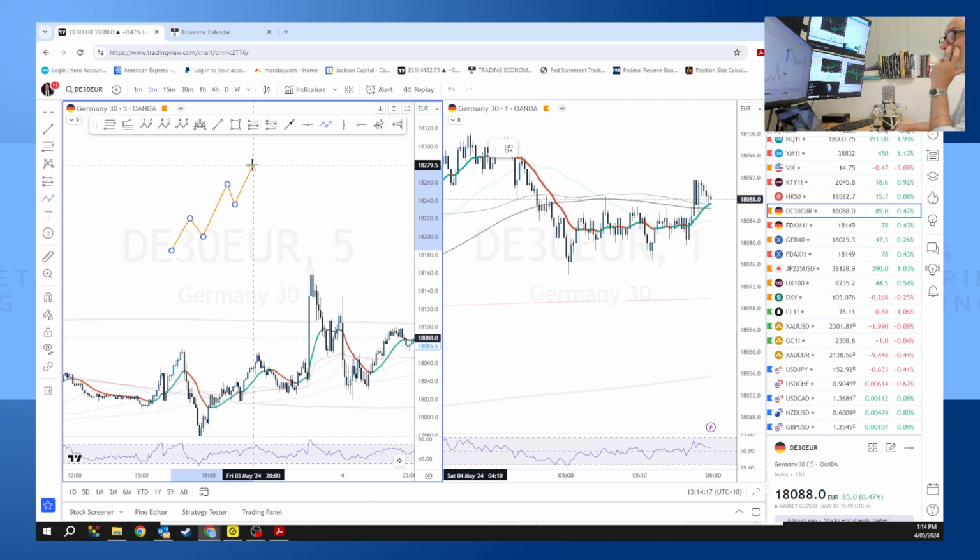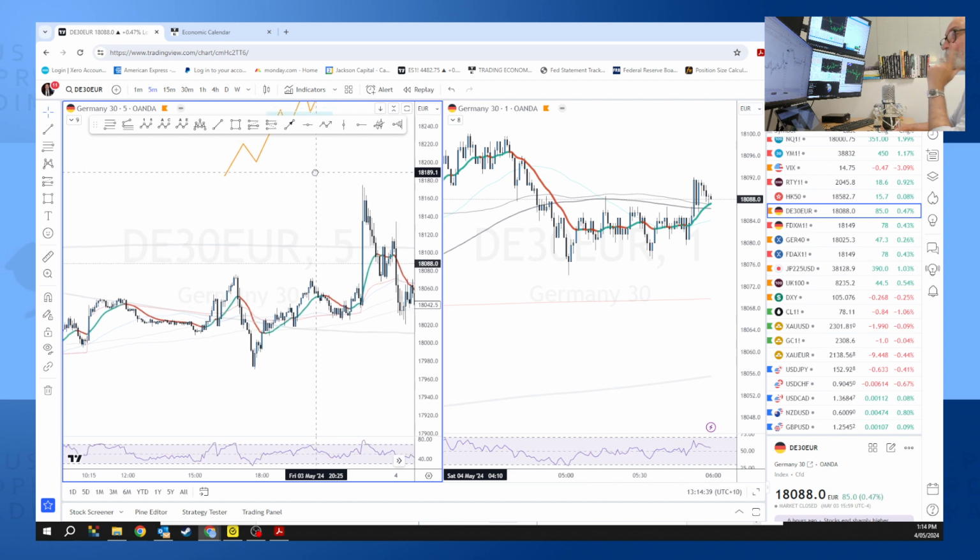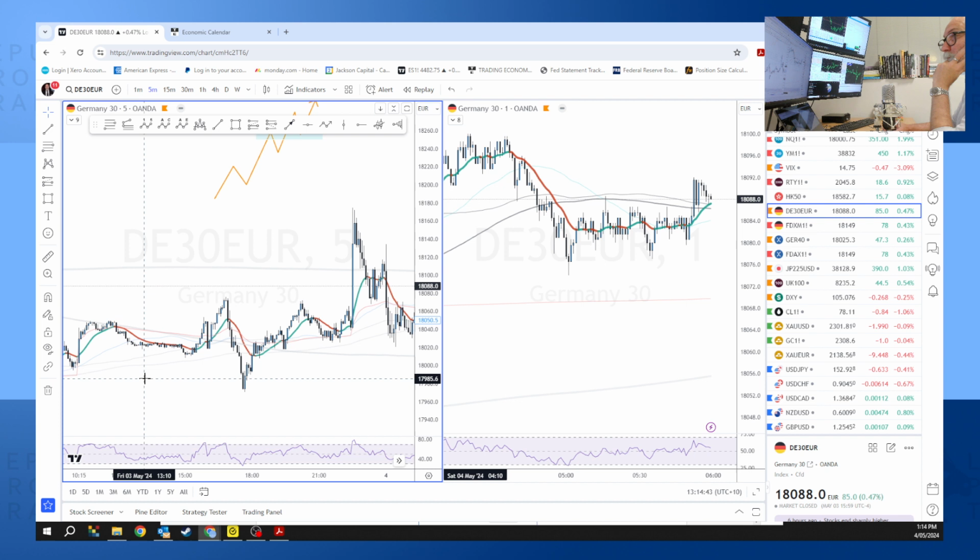And then if we've got our last fractal point, which is a resistance point, and we break it, it'll come back and tend to be a support level. That's the basics of trading. It can't get any simpler than that. Resistance turns into support.